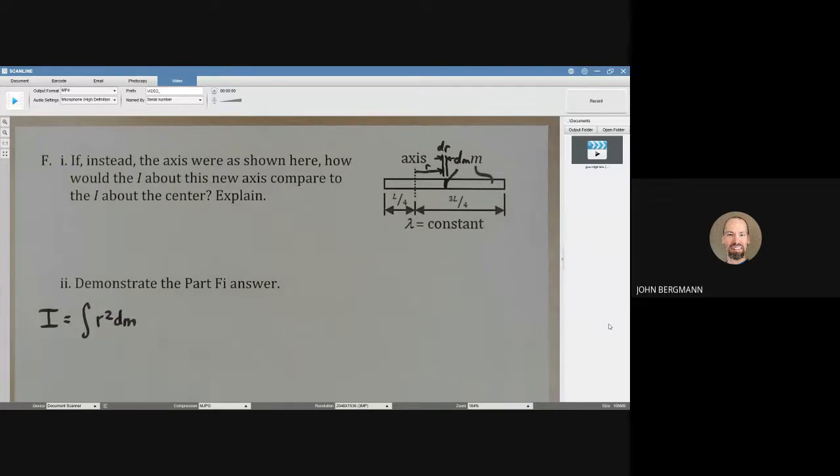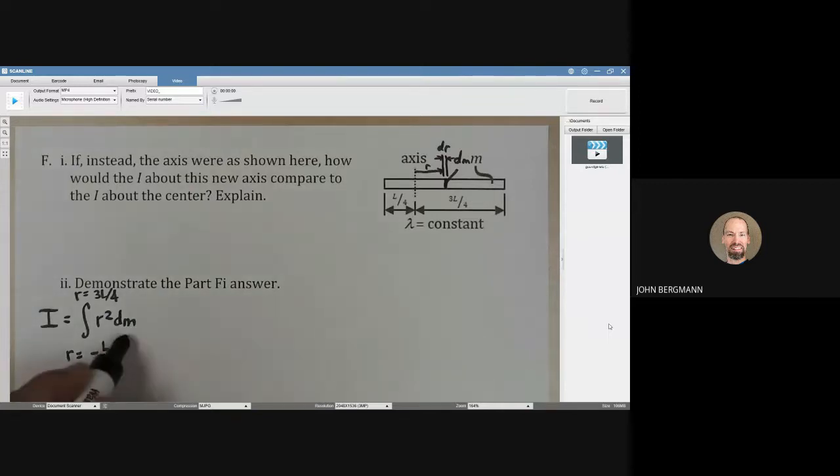And in this case, we used symmetry last time, but we can't do that here, at least not easily. We're going to integrate from r equals negative L over 4 to r equals positive 3L over 4. You can see the picture there in the upper right.